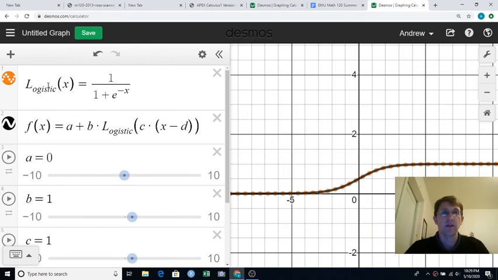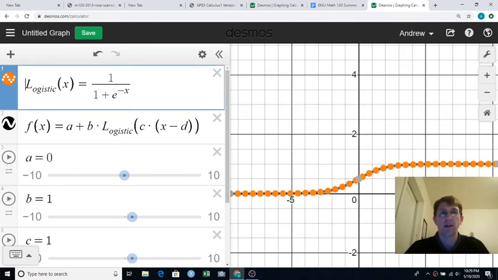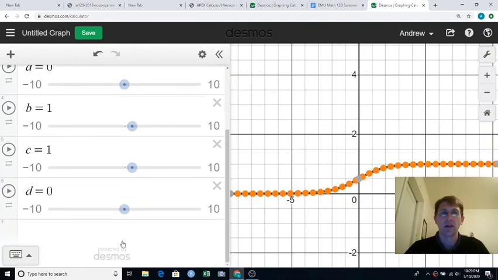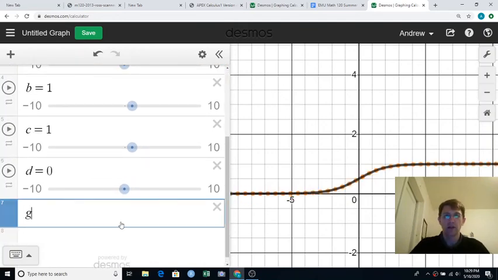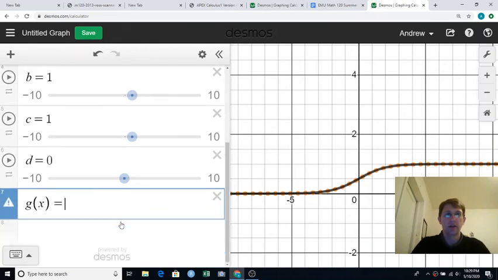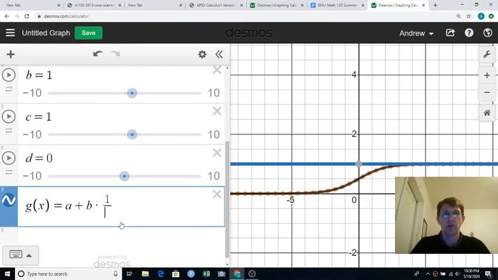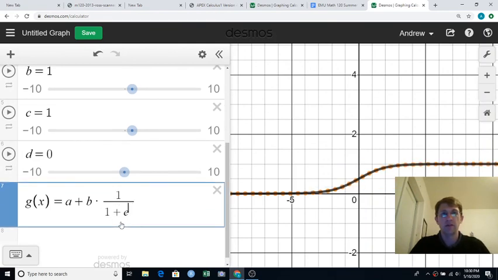Here I've written it using a main shape function, and then another function that uses the main shape function. So that's handy, but sometimes in Excel, for example, you can't define your own user-based function. You have to do it all in one line. So if you need to do that, you can say g of x equals a plus b times 1 over 1 plus e to the.